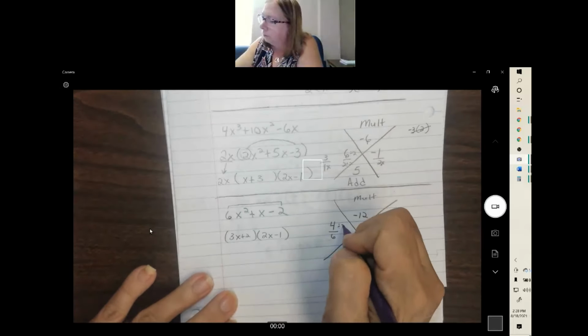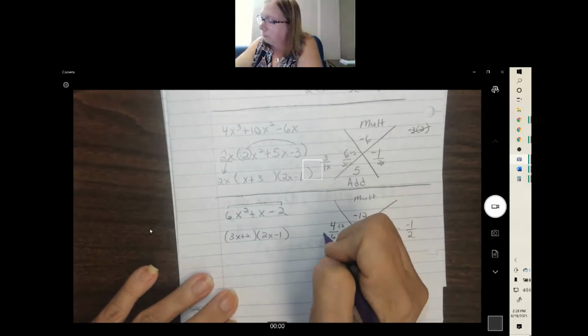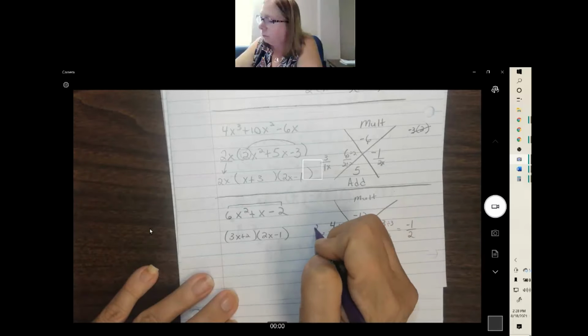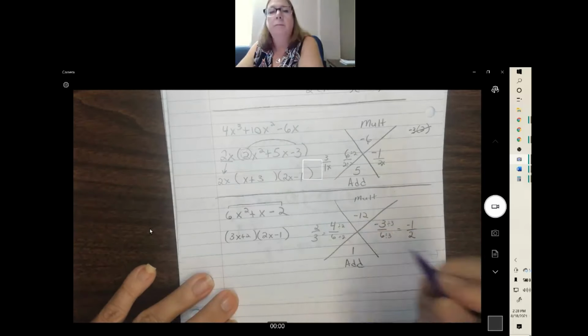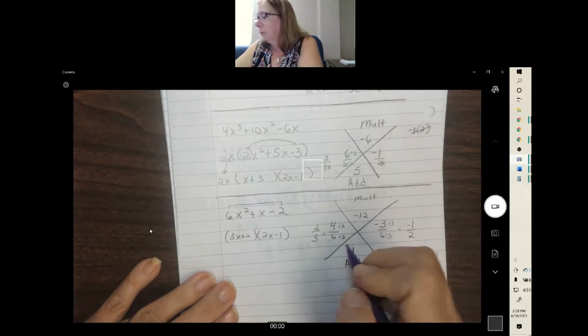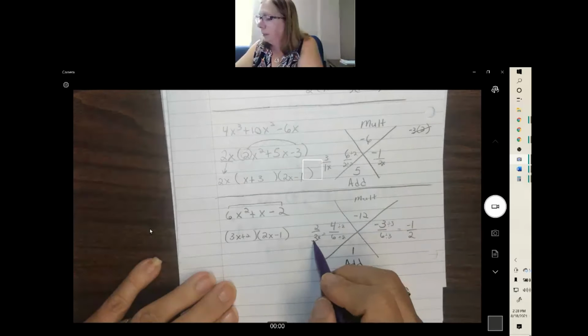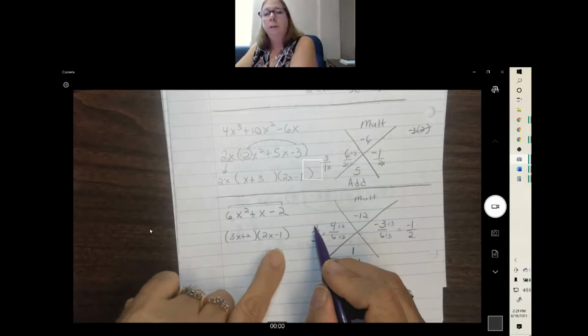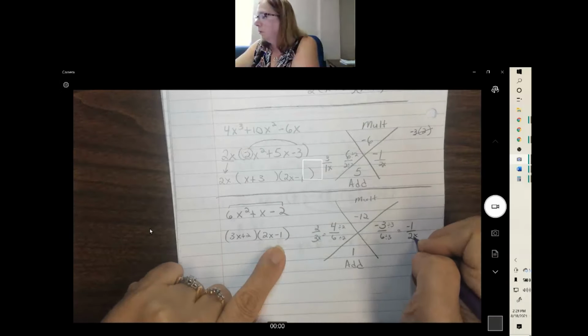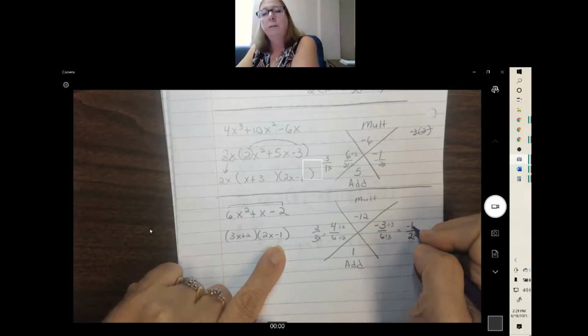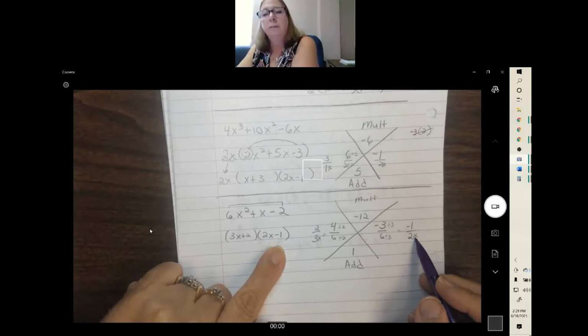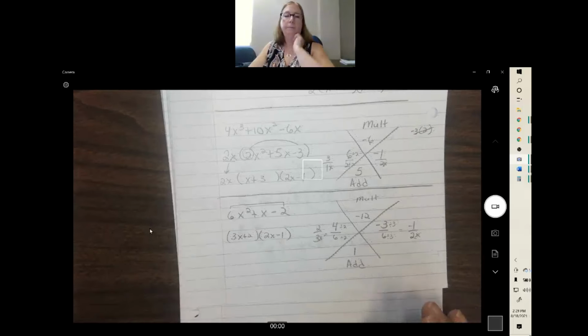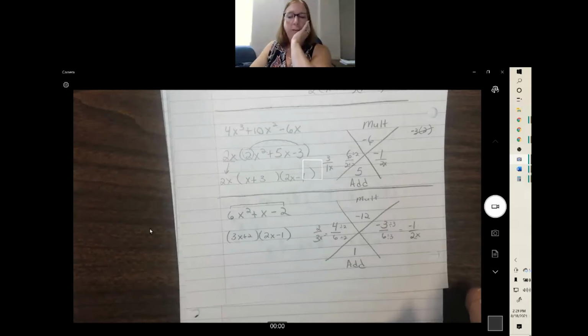And this one reduced by 2, and it gave me 2 over 3. Then I put the x with it, 3x plus 2, and this one, 2x minus 1. Any questions on that?